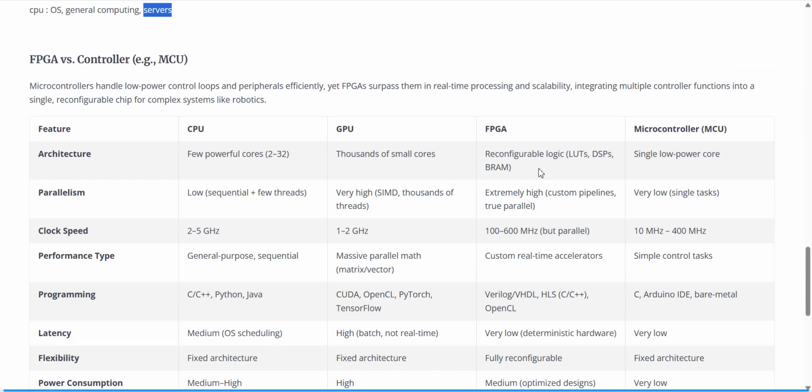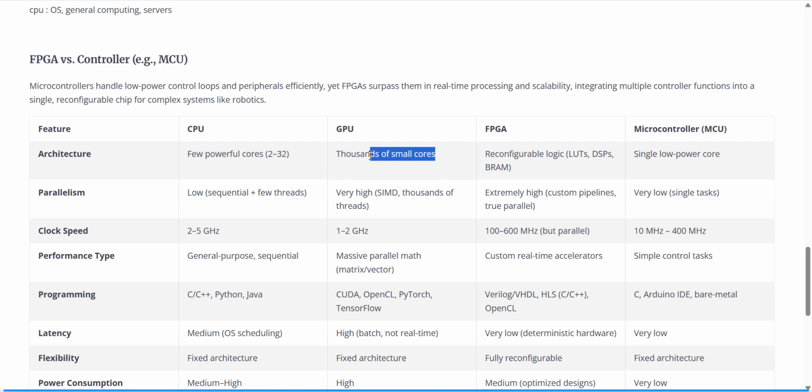First of all, we will discuss the architectures. FPGA is a reconfigurable architecture with more than 1,000 elements, so you can reconfigure using LUTs, DSP slices, and DRAM. The architecture of the microcontroller is a single low-power core. The CPU has a few cores, but very powerful, let's say 2 to 32.